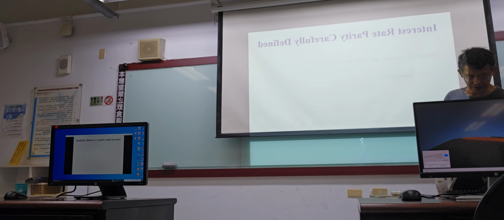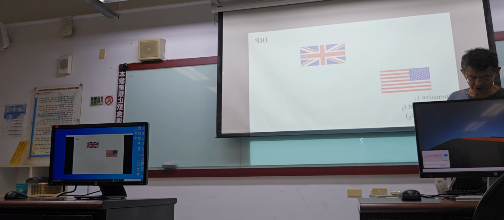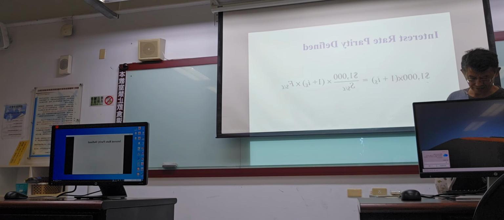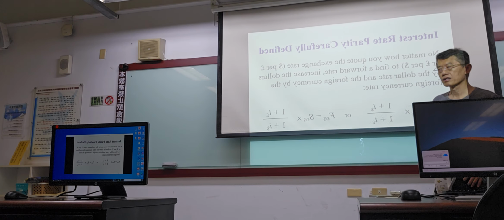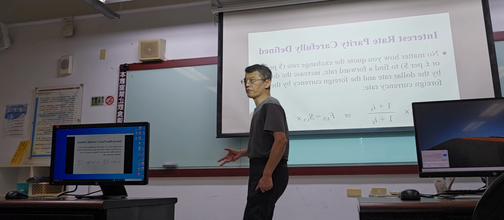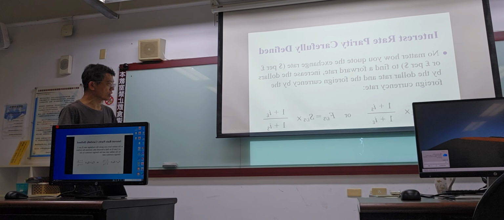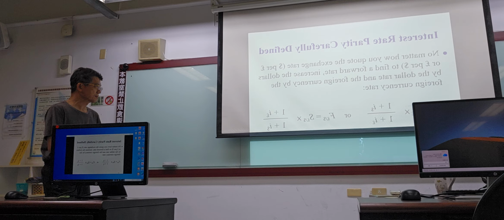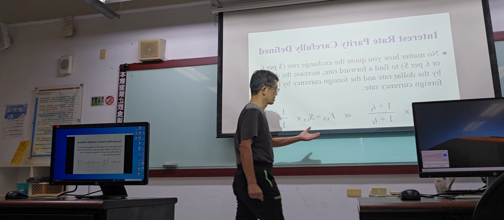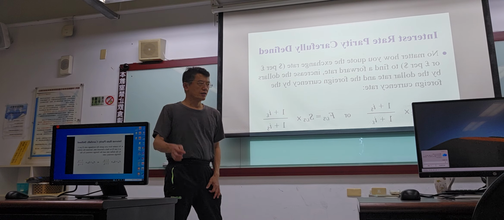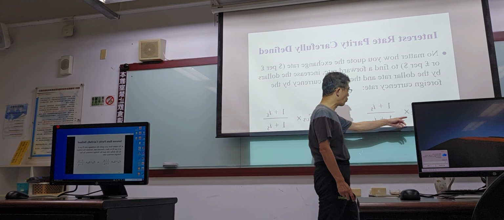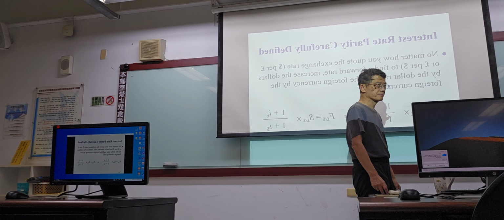Continue to look at the simple form about IRP. The simple form of the IRP can be addressed by this simple formula. A capital F means the forward price.